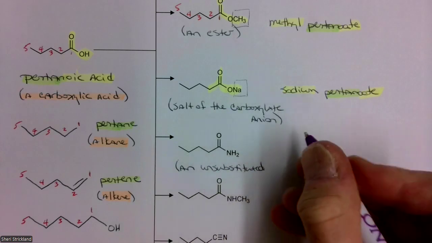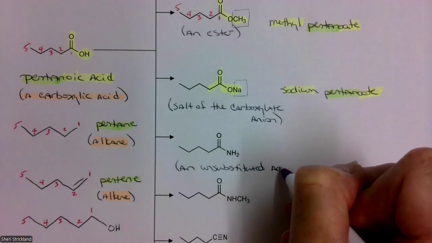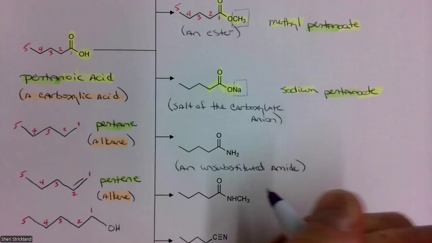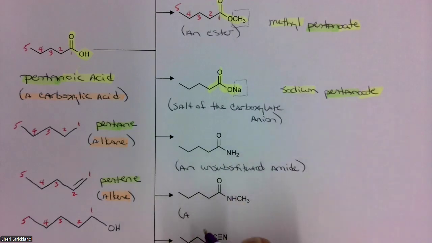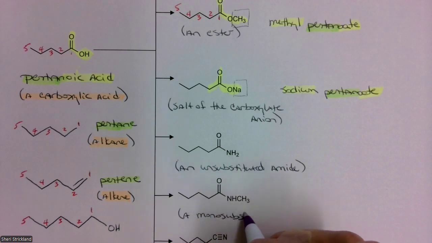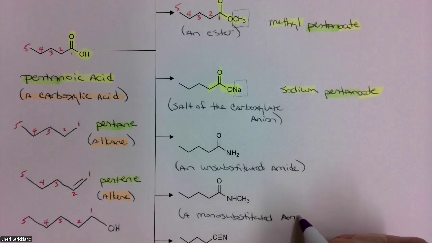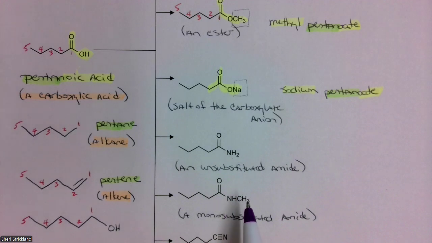So because it's just got hydrogens there, it's called unsubstituted. And this one here is a monosubstituted amide. And if you had two alkyl groups attached to that nitrogen, it would be a disubstituted amide.